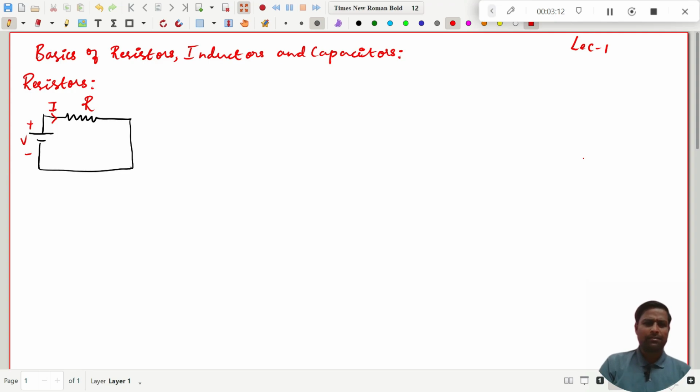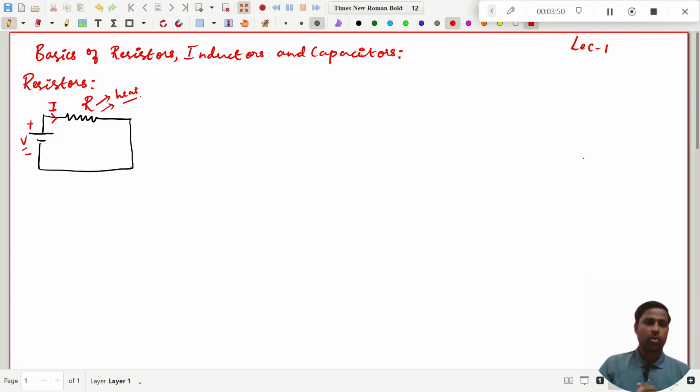I have already told you that resistors are current limiting elements that will limit the current. How is it actually limiting? If the resistor is connected across this voltage source, this resistor will take energy from the voltage source, and whatever energy it is taking from the voltage source, this resistor will dissipate into the atmosphere by means of heat.